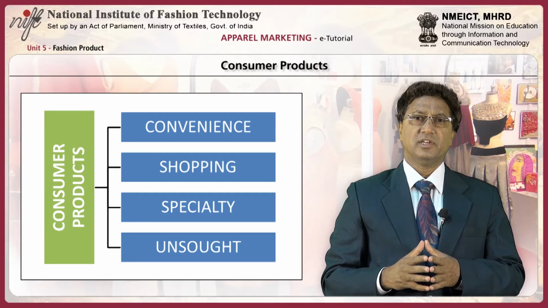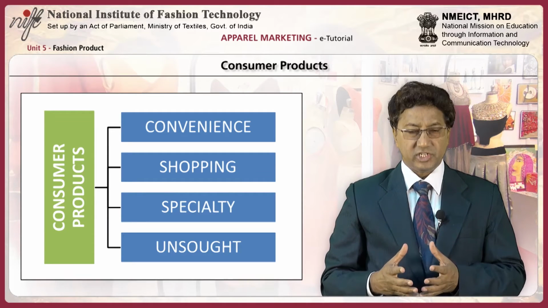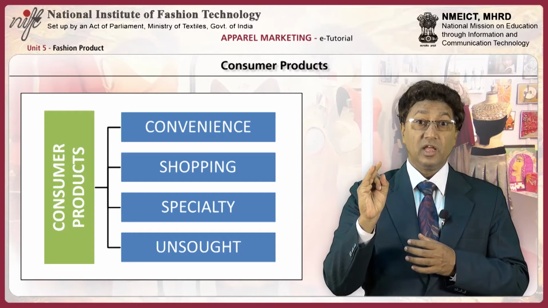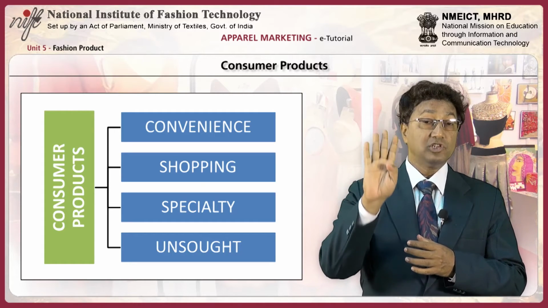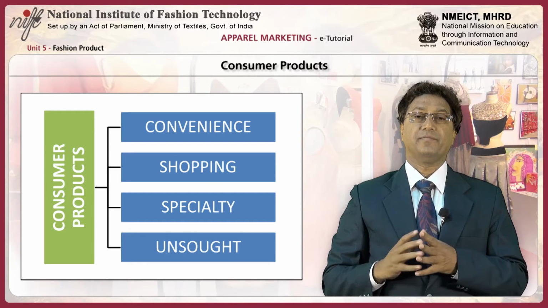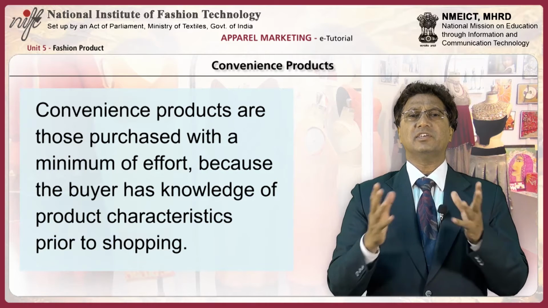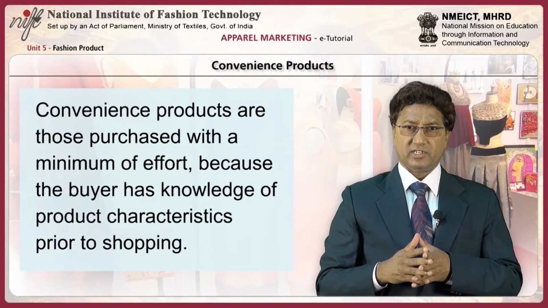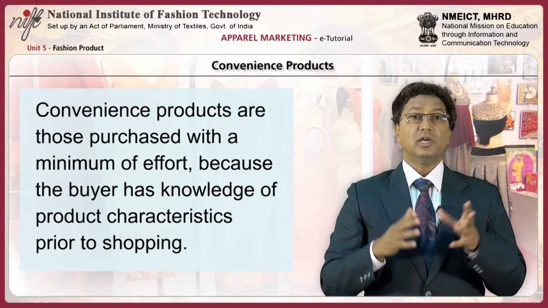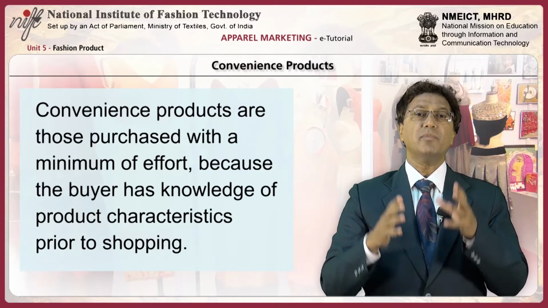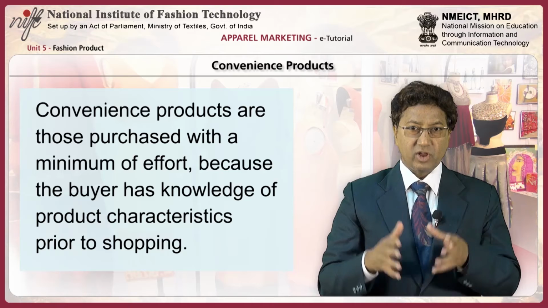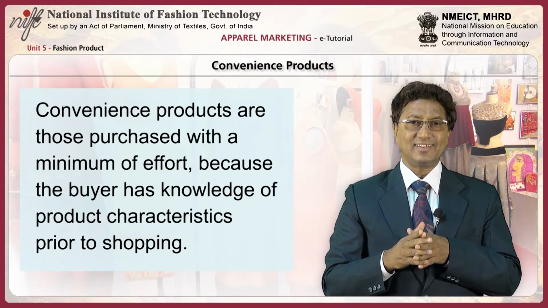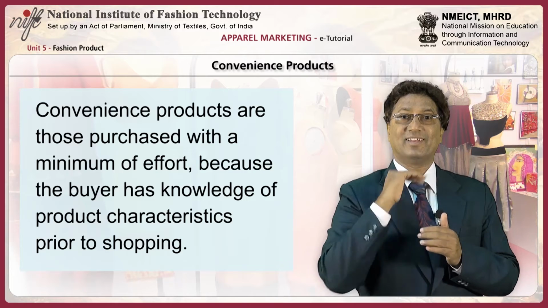Consumer products can be further distinguished as convenience, shopping, specialty and unsought goods. Now let's understand what a convenience product is. Convenience products are those purchased with a minimum of effort because the buyer has knowledge of the product characteristics prior to shopping.